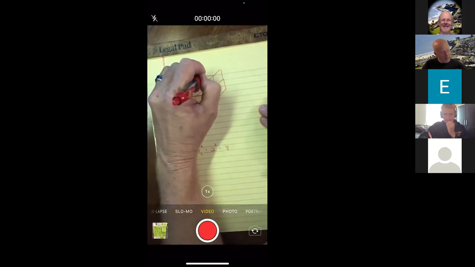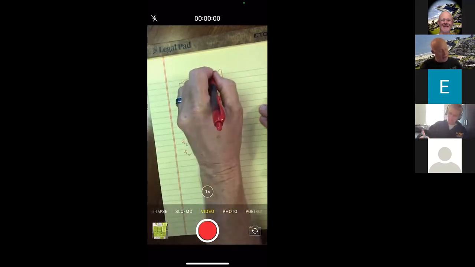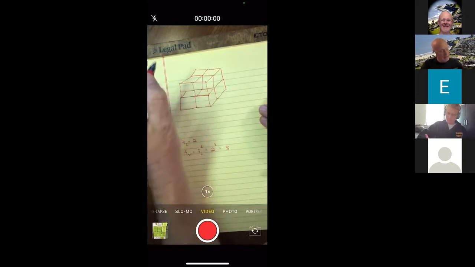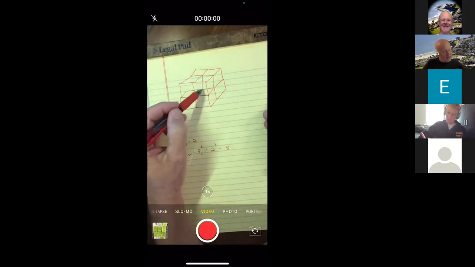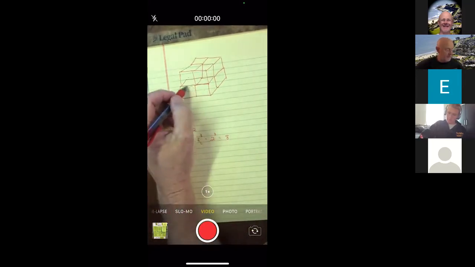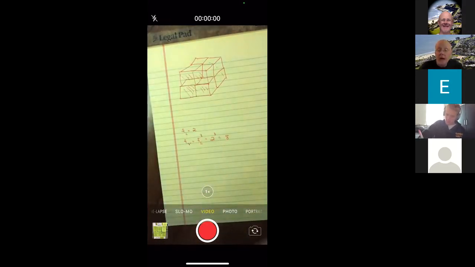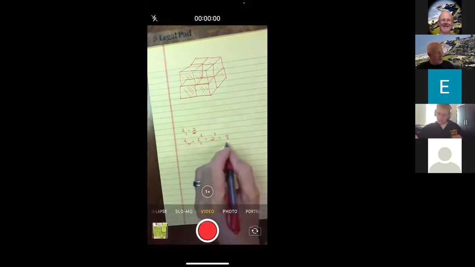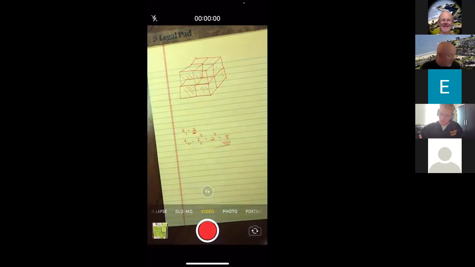And I don't know if I did a good enough job drawing in 3D, but can you see that there's 8 boxes here? Yeah. Box 1, box 2, box 3, box 4. Anyway, so doubling the length would make the volume 8 times bigger.